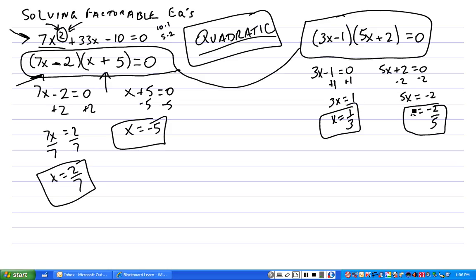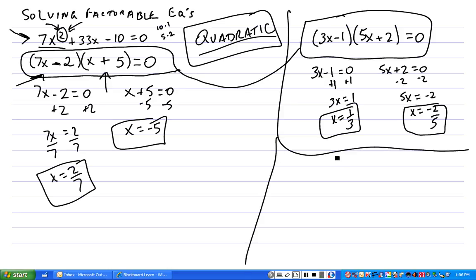Alright, now there's a difference between this problem and this problem here. Let's see, I want to say (x plus 1)(x plus 2) equal to 42.